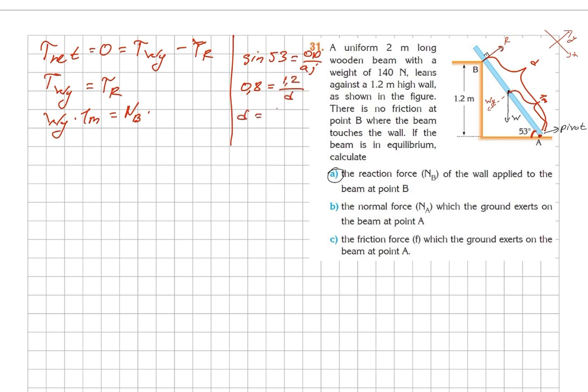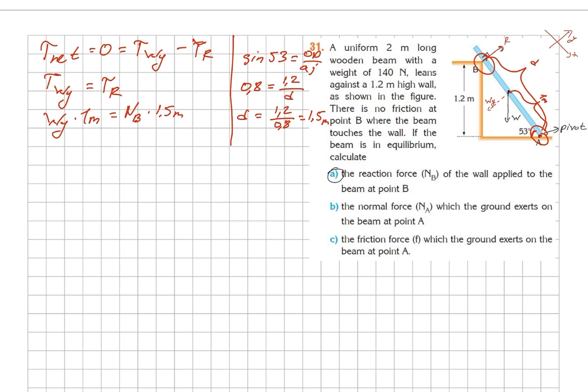So d is equal to 1.2 over 0.8, which is 1.5 meters. So the distance from the reaction force to the pivot will be 1.5, and it is multiplied by 1.5 meters.